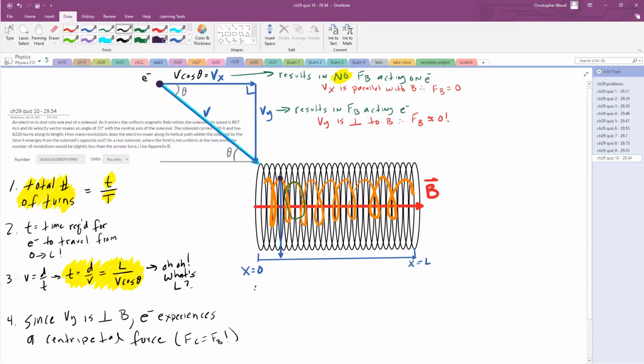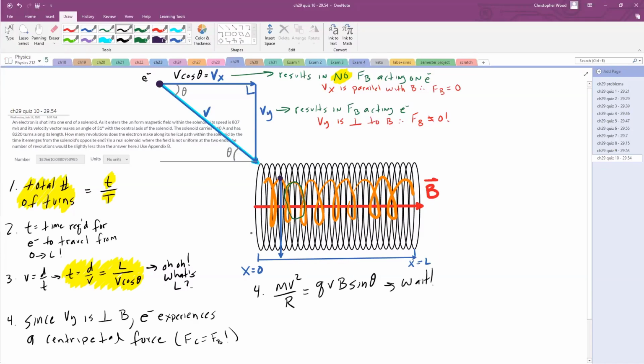Okay, so number 4, the centripetal force is mv squared over r. Once again, that's the centripetal force. Here's my magnetic force, because the centripetal force is the magnetic force, qvB sine theta. But now I have to be careful, I have to use subscripts.